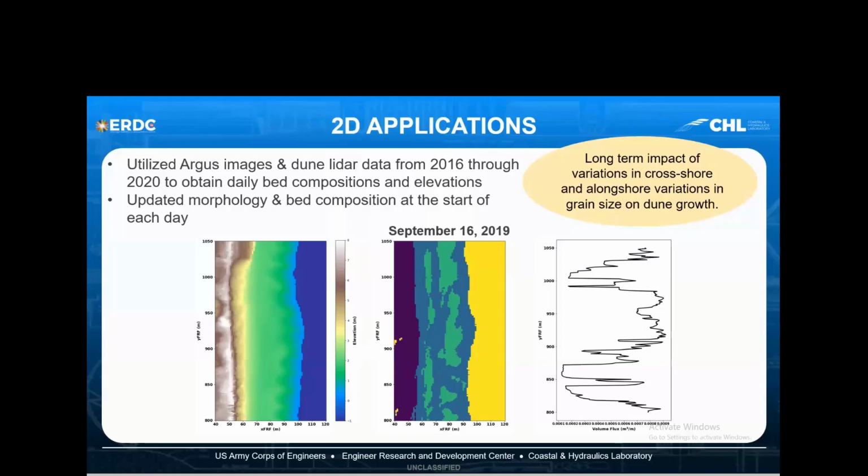And so you can see here, looking at a snapshot of one of these days from 2019, that the volume flux, though relatively small, has variation in the alongshore. This is a fairly complex bed composition day, but we can see that there are some variations in the volume flux.